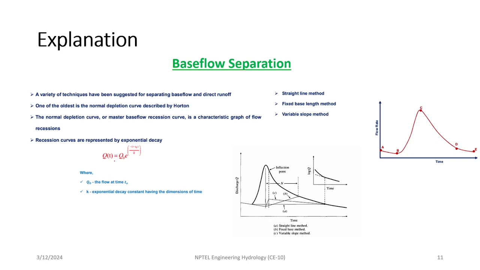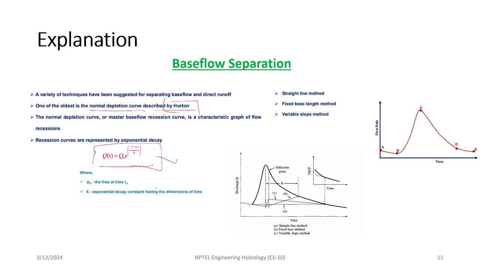Now what I just mentioned about the normal depletion curve method: it was given by Horton in order to deduct the base flow from the total storm hydrograph. So this was the equation that I was discussing.